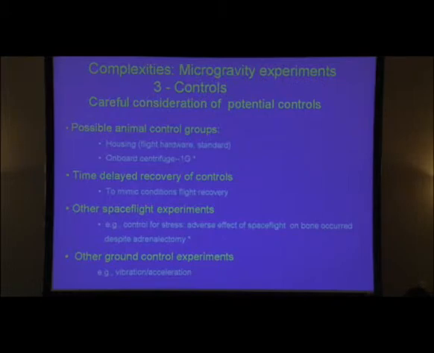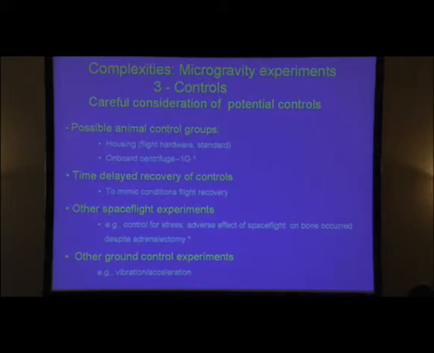As in any scientific investigation, what's key is selection of controls. I want to briefly mention the different kinds of controls that you can think about in trying to define the influence of microgravity on vertebrates. I'll talk mostly about rodents from now on.